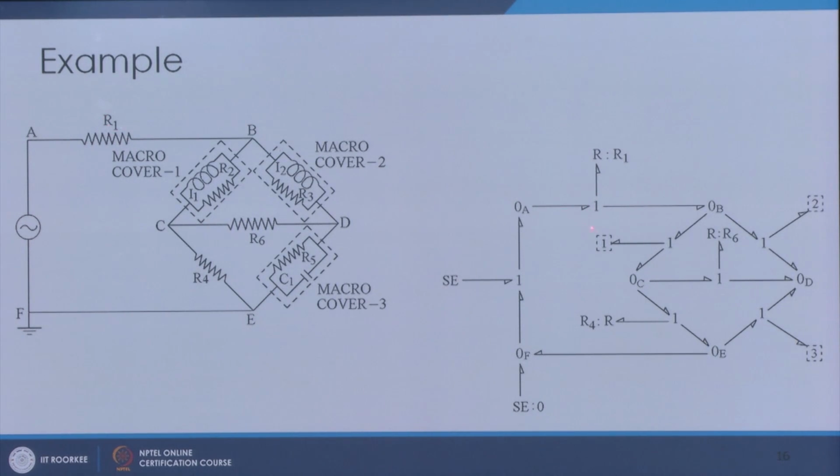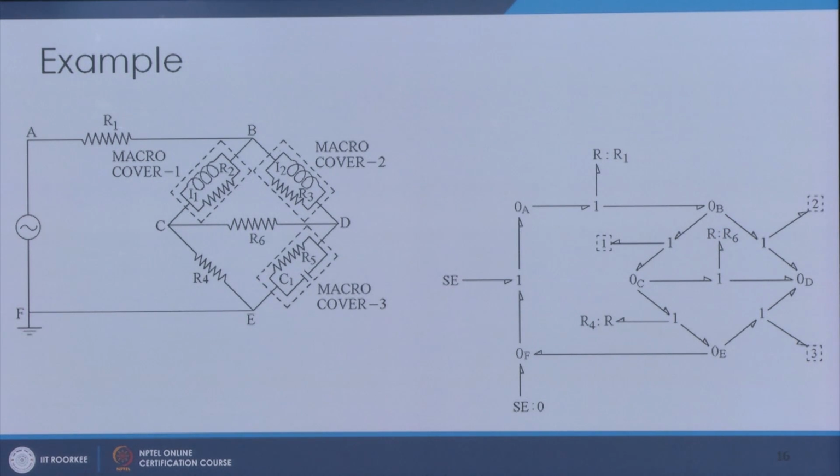So, for this R1 I put a one junction, attach R is equal to R1, and similarly between B and C I attach a one junction and put macro cover 1, and between B and D I attach a one junction, put macro cover 2, and between D and E I attach a one junction and put macro cover 3 over here, and the rest of the things are the same, putting R6 and R4, alright.